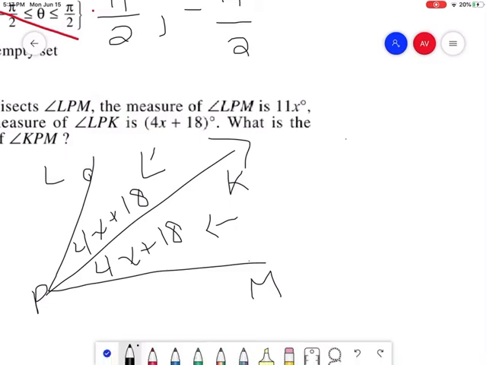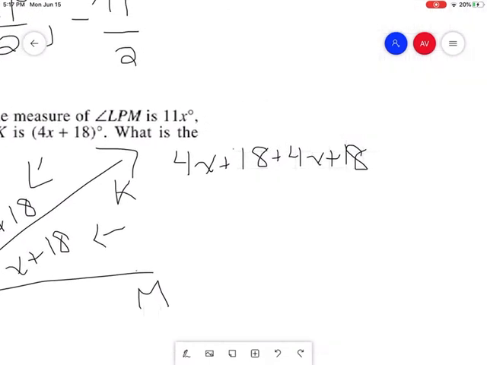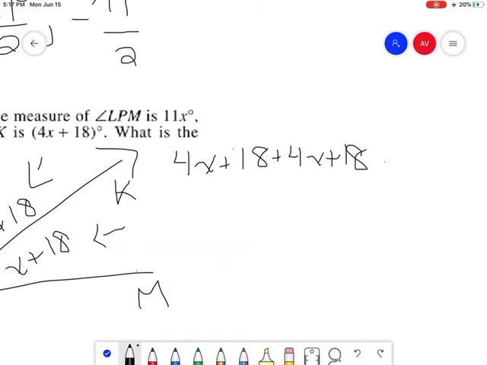So based on that information, we can write an equation where we say 4x plus 18 plus 4x plus 18 equals 11x.